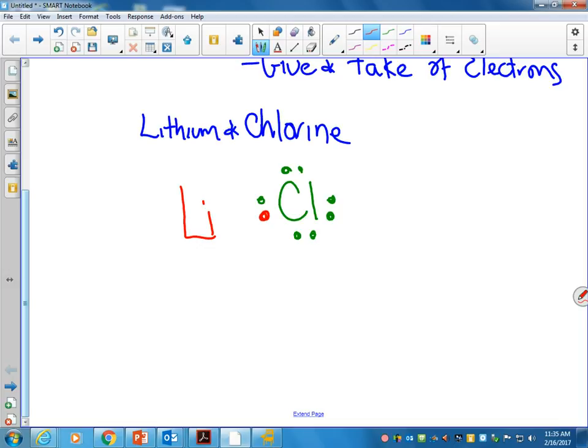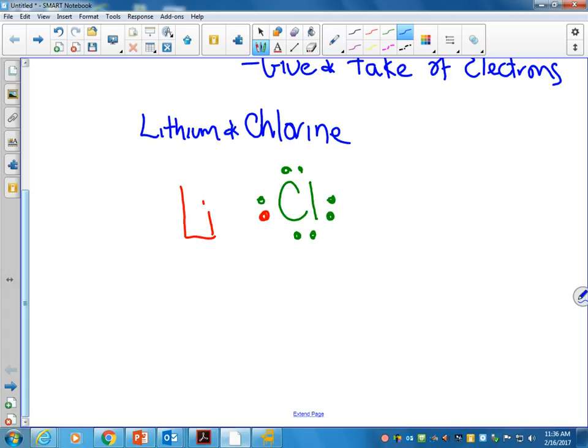Lithium gave away its last electron in its valence shell, so it actually pops down to the next shell, which is full already, right? So lithium now acts like helium because it passed back down into the next shell, right? So it's now in the 1s2 shell, and it's feeling happy because it has a full valence shell. And chlorine over here took that electron from lithium, and it now has a full valence shell, right?